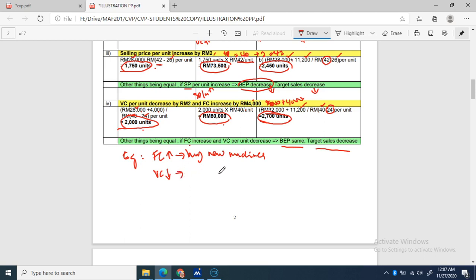When you buy a new machine and use more machines, the direct labor cost will be less. So that's why the labor cost decreased by 2 ringgit. With the machine, the fixed cost of the overheads increased by 4,000.